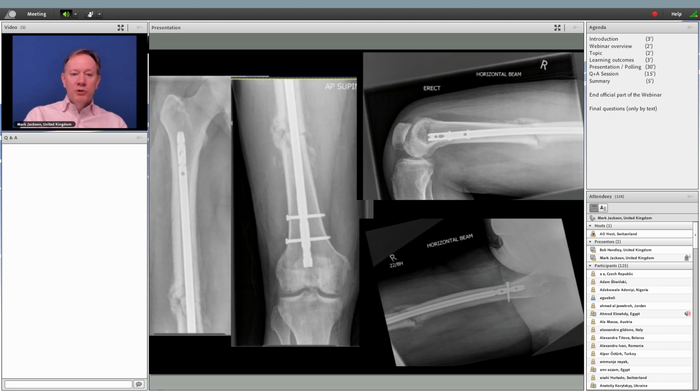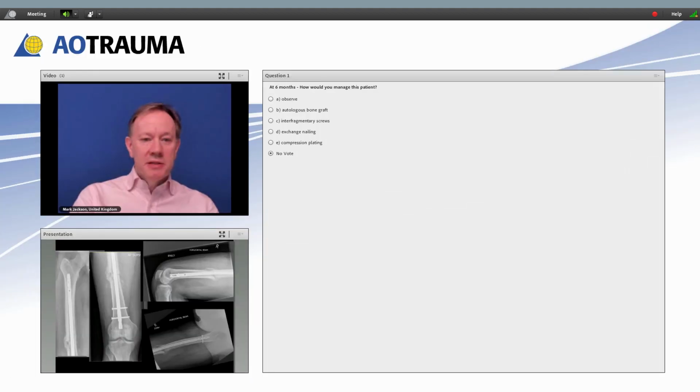As I said, he's unable to weight bear, and we're going to give you a range of possibilities that might be used to manage him. So at this stage, this is 6 months. Would you observe him? Would you use autologous bone grafting? Would you insert interfragmentary screws, or undertake exchange nailing, or perhaps compression nailing at this stage?